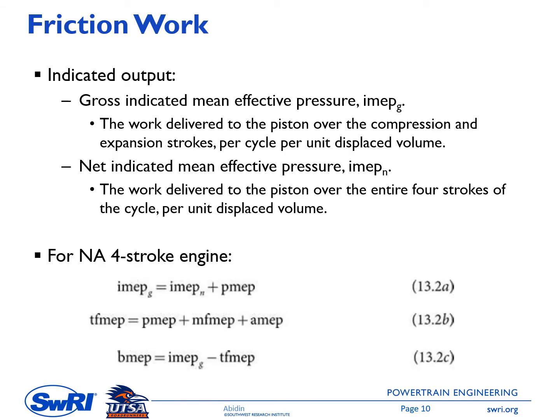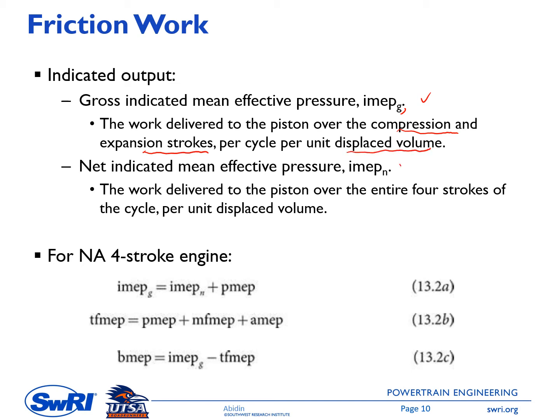For the indicated output, we have what is called gross indicated mean effective pressure, or IMEPG. G here stands for gross. This is the work delivered to the piston over the compression and expansion strokes per cycle and per unit displaced volume.